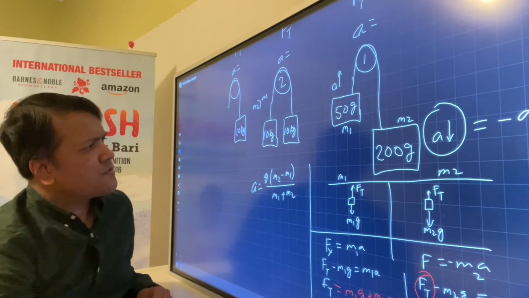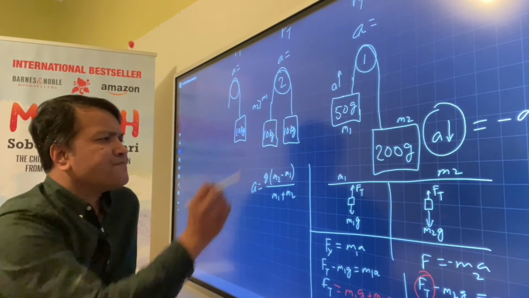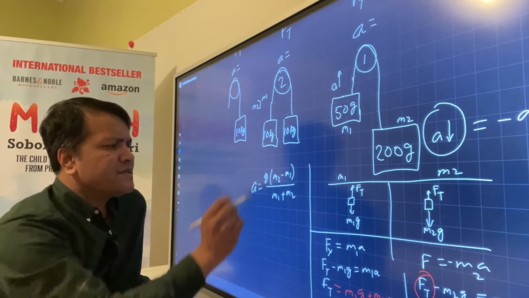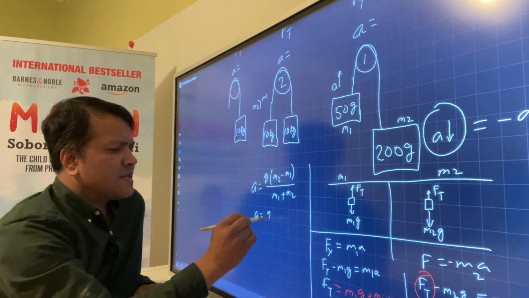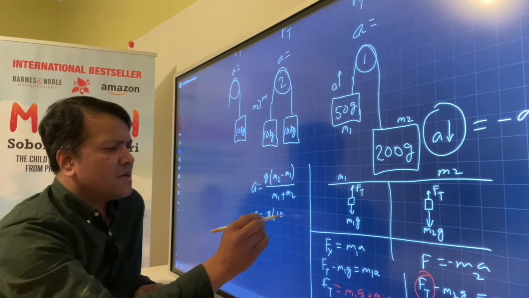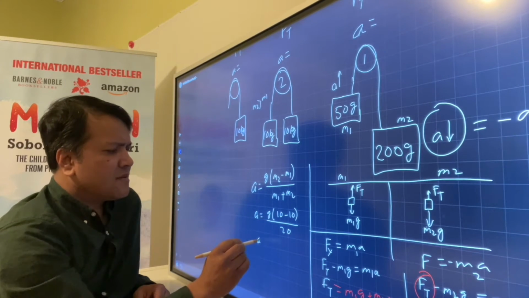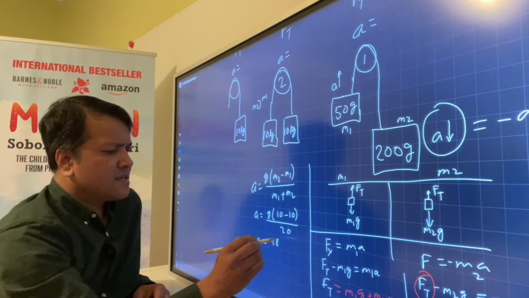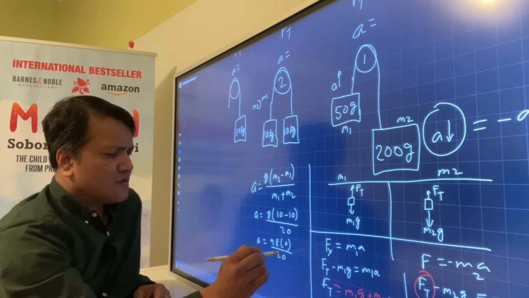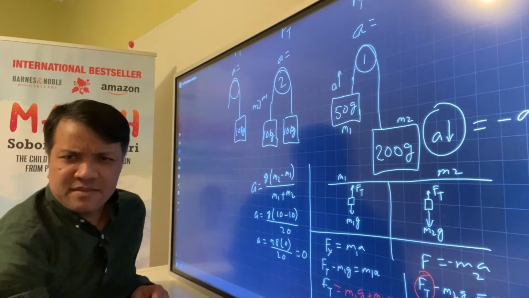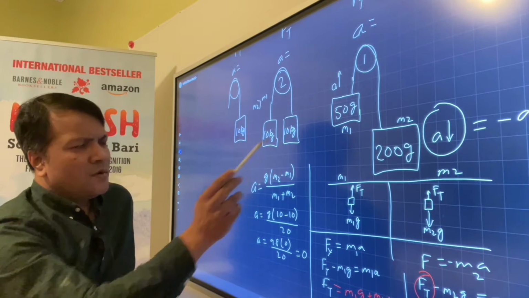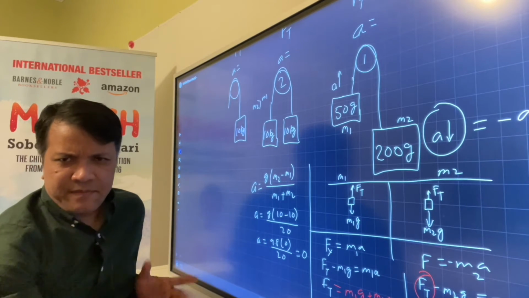Okay, and now what do you see over here? Over here you see that both of the masses are the same. So acceleration is g times 10 minus 10 over 20. So acceleration is g 9.8 times 0 over 20. So acceleration is 0. Why is that? Because both masses are the same.